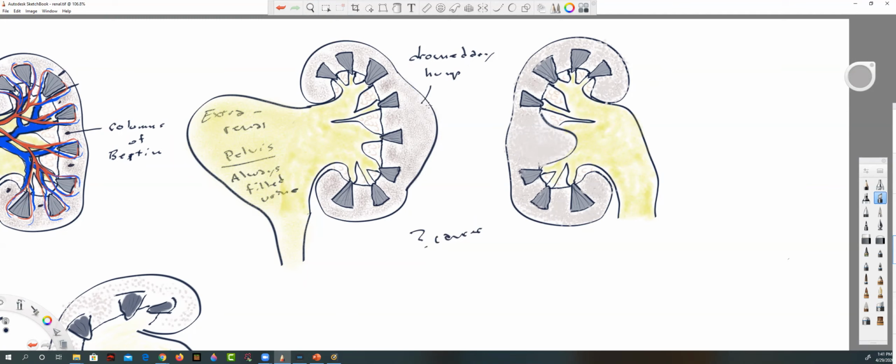If it looks more like a lump and is not dramatically changing the architecture of the internal portions of the kidney, it's probably a dromedary hump. If it's cancer, it's a little more round perhaps. Things are being pushed away, so these structures are all going to be pushed away from the cancer because it has a mass effect.